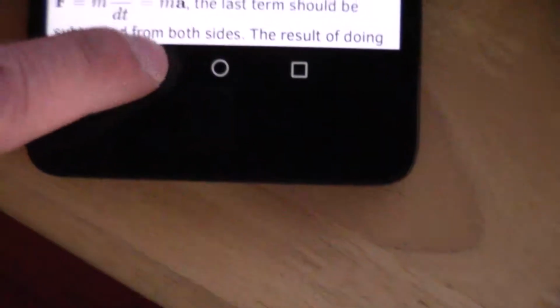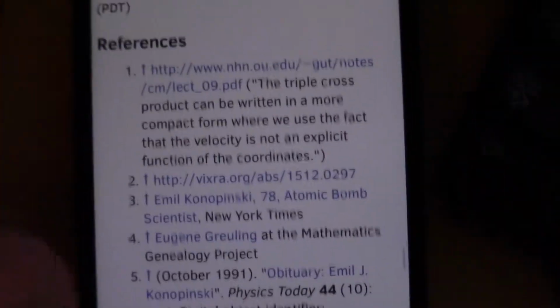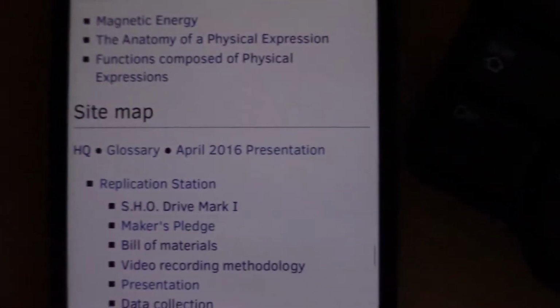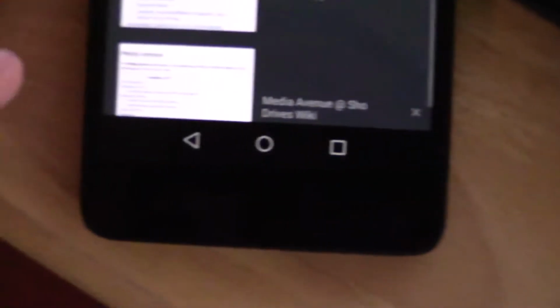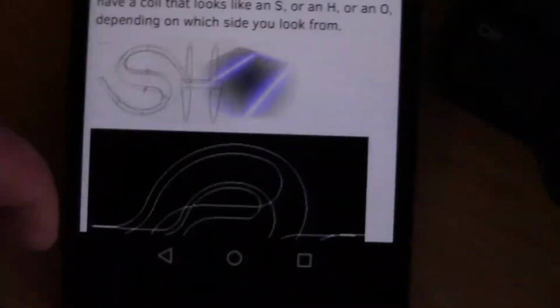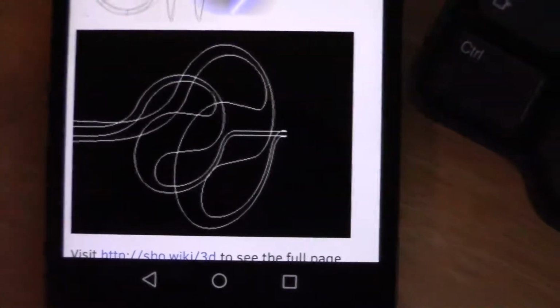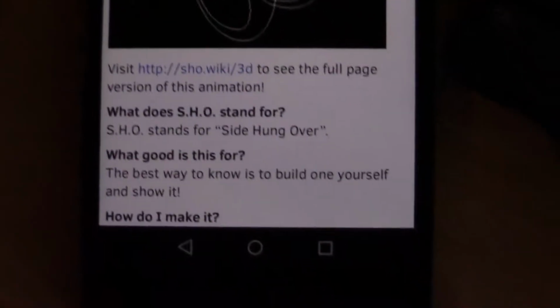I'm trying to figure out what exactly is the reason behind the mechanisms. SHO.WIKI, there is the animation. Visit SHO.WIKI/3D to see the full page version of that animation.